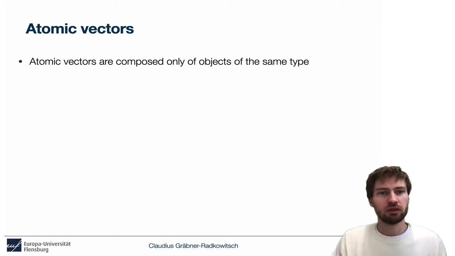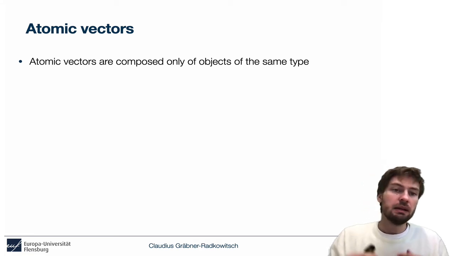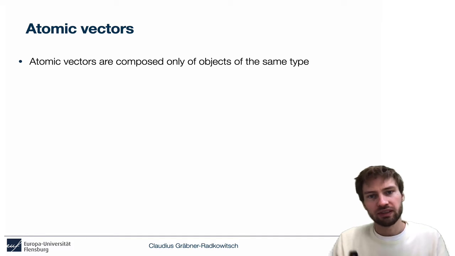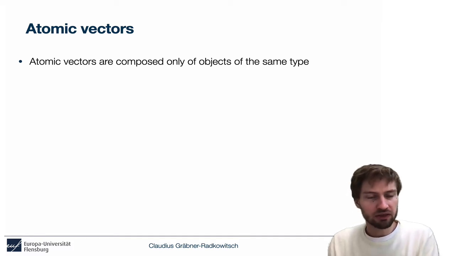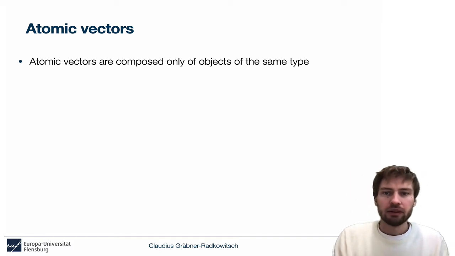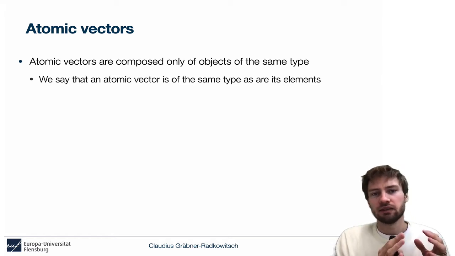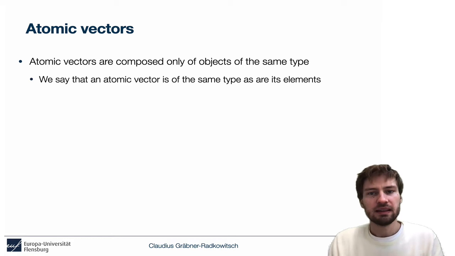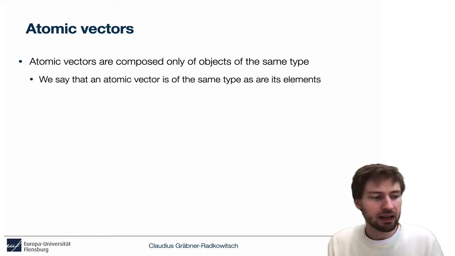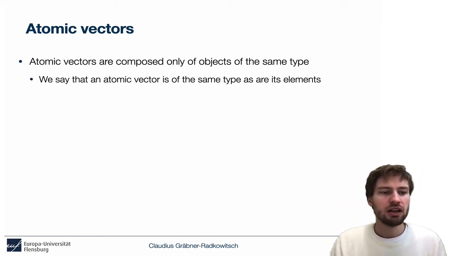Otherwise, we wouldn't be talking about atomic vectors. Now, because atomic vectors can contain objects of a certain type, and all these objects are of the same type, we usually say that the atomic vector as a whole is of the same type as its elements. And by doing so, we can distinguish between four different types of atomic vectors.